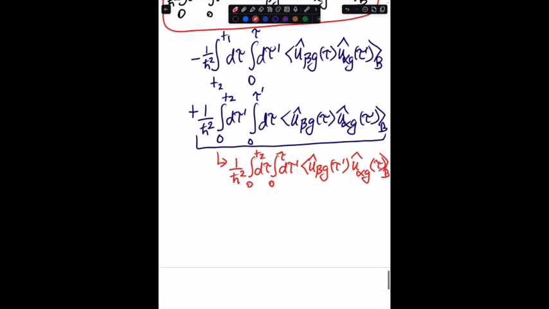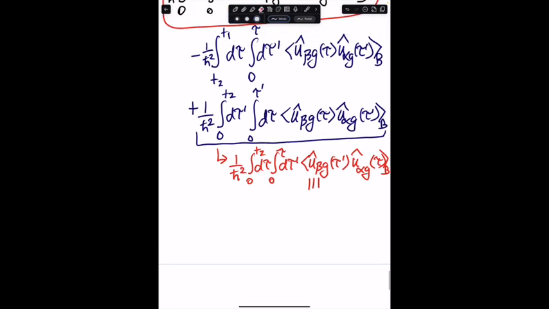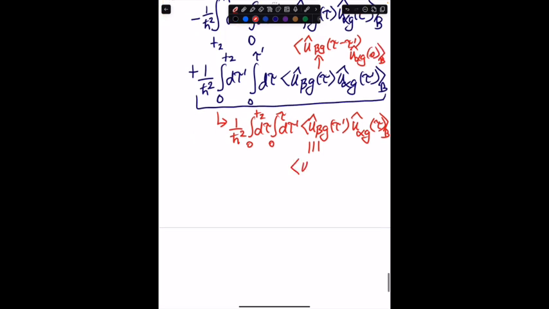This is equivalent to, based on the proofs we have completed previously, u hat beta g tau minus tau prime, u hat alpha g 0, and this is just equivalent to u hat beta g tau prime minus tau, u hat alpha g 0, right?